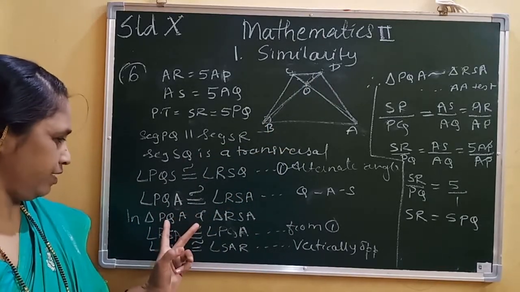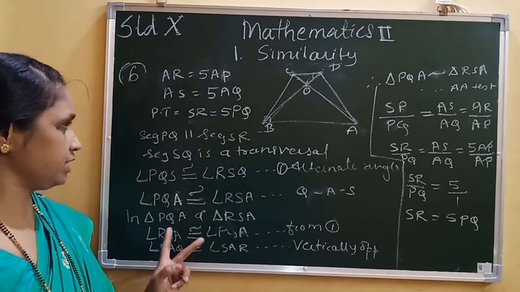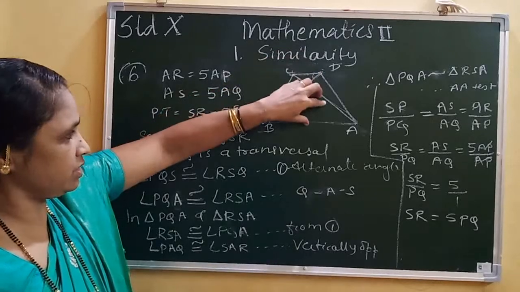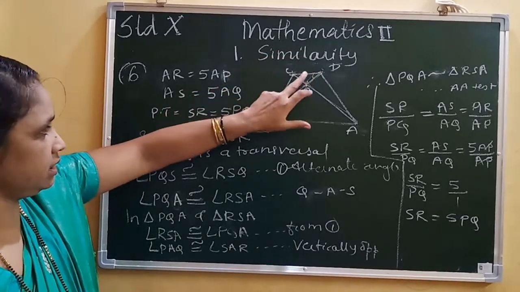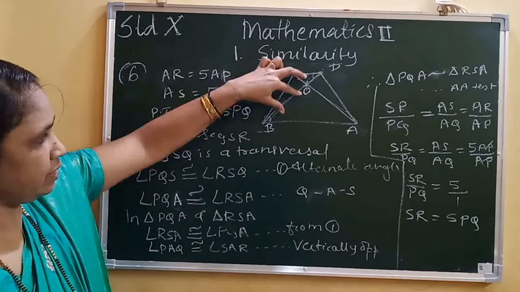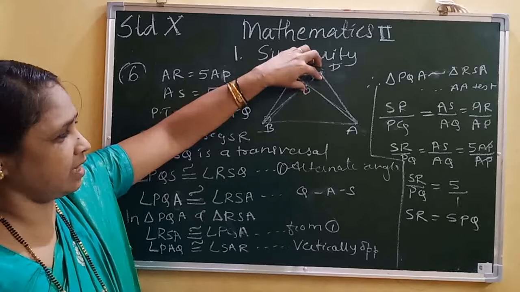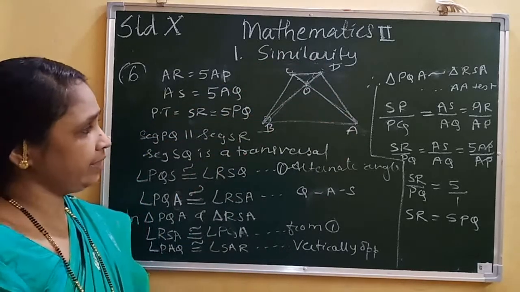Therefore in these two triangles, what you will see? In this triangle and this triangle, this angle we have got from before and these two are vertically opposite. Therefore these two triangles are similar by AA test.